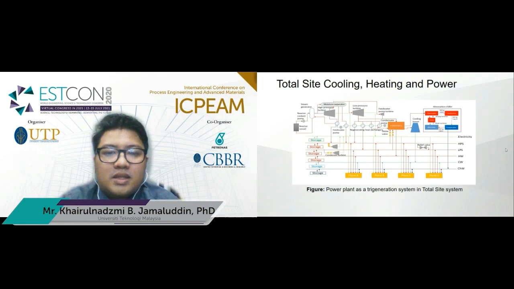So actually the total site system will be reused at first to determine the sharing or exchanging the utilities between the different plants, and if the total industry still require energy, the trigen system will supply the extra energy to the header and will be supplied to the industry plants.